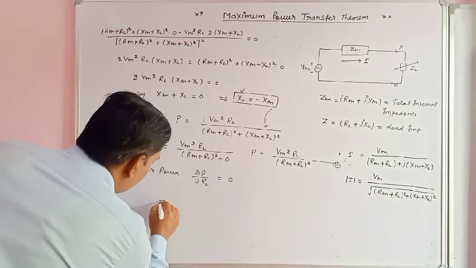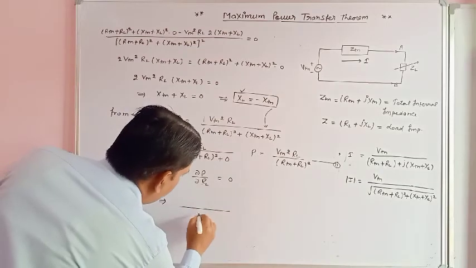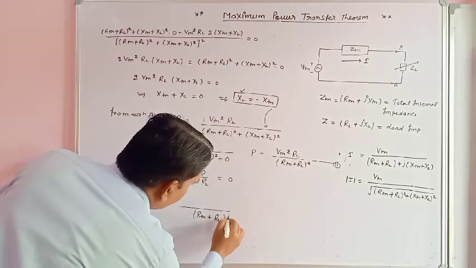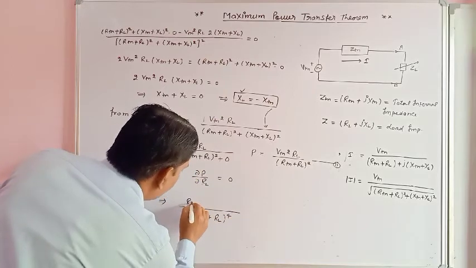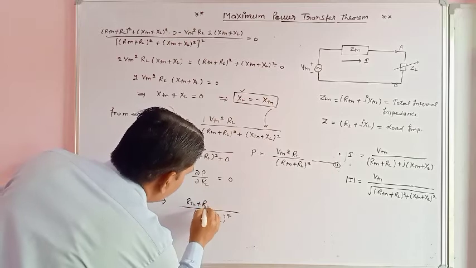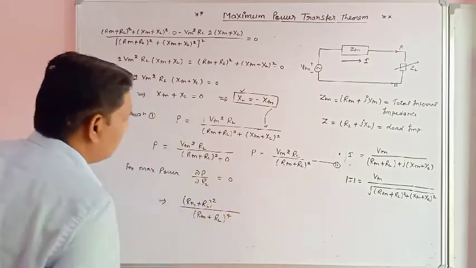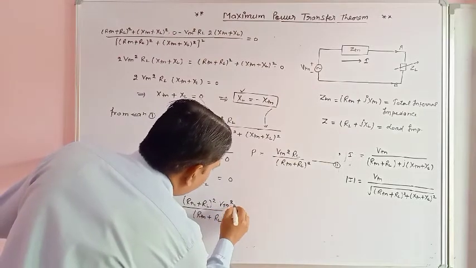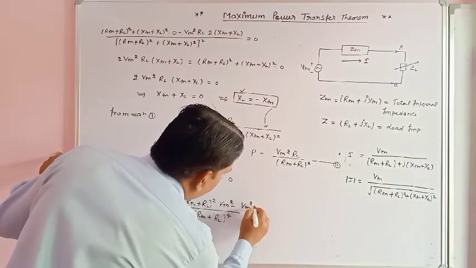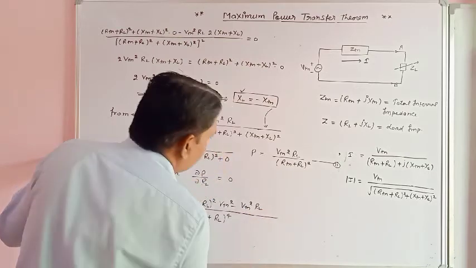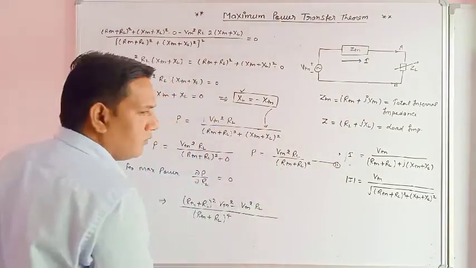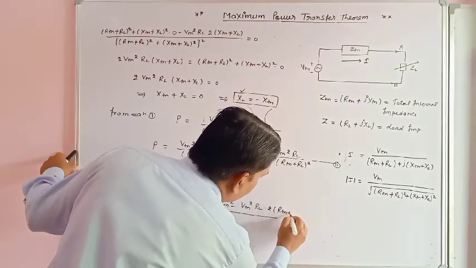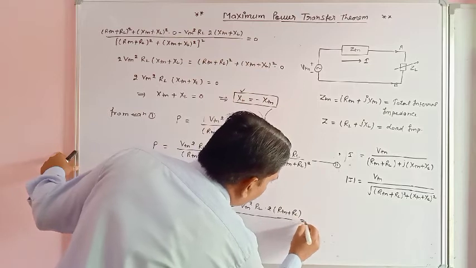This will give the result: (RTH plus RL) whole square as it is, numerator with respect to RL is VTH square, minus VTH square into RL, which remains the same, times the derivative of (RTH plus RL) whole square, which is 2 into (RTH plus RL), is equal to 0.